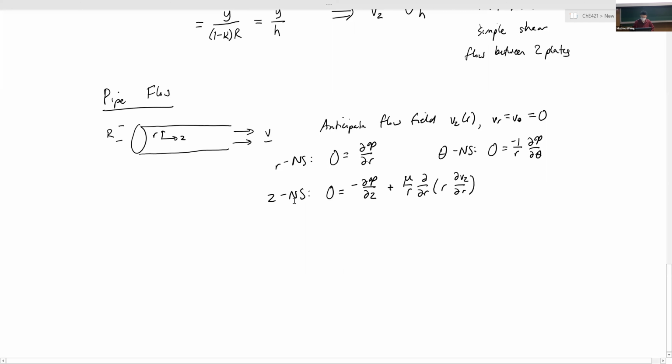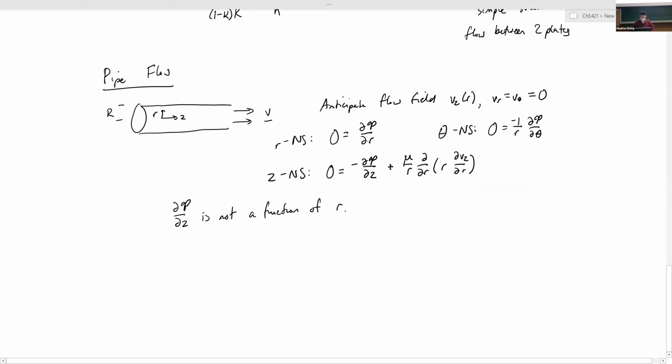In this particular equation, we know that dp/dz is not a function of r, and so we can integrate it. We need two boundary conditions in order to do that.